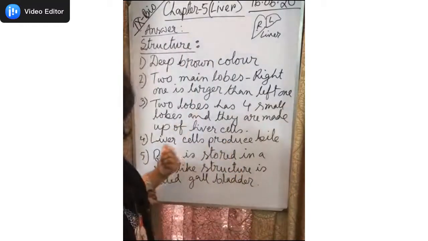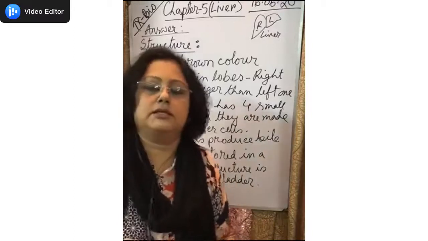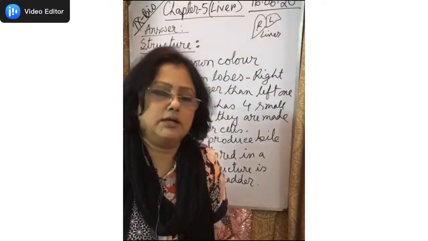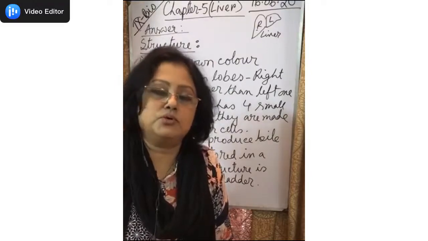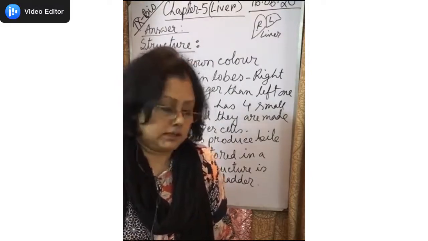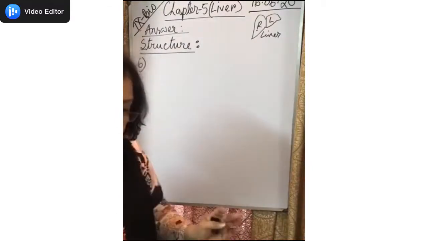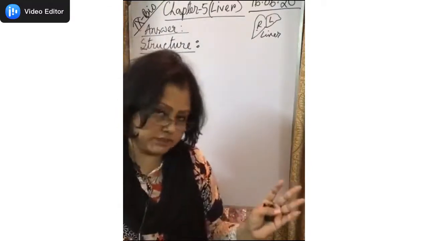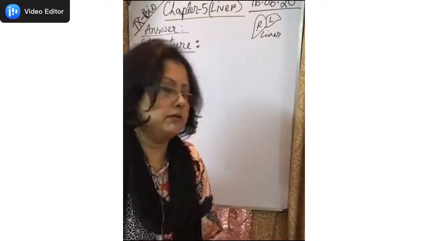This bile is a liquid that has to be stored somewhere, and the organ where it is stored is a sac-like structure called the gallbladder. You have to write where the gallbladder is situated, then what is the condition of the bile.